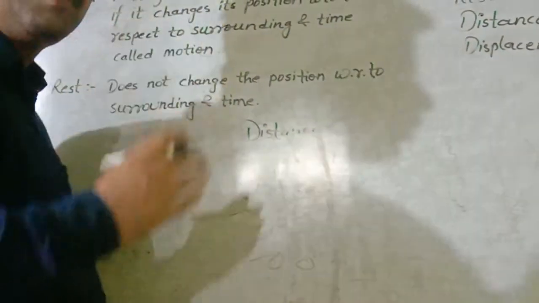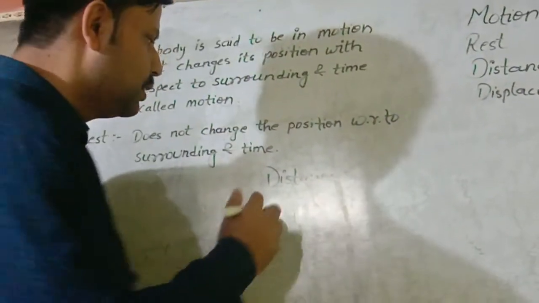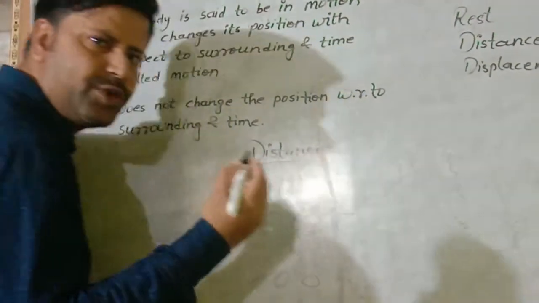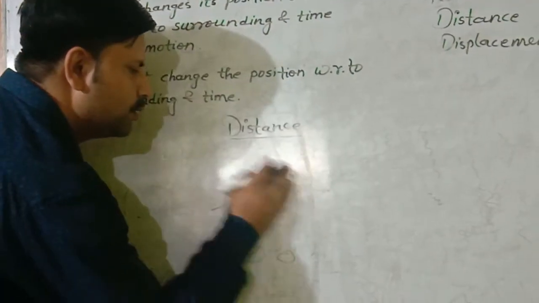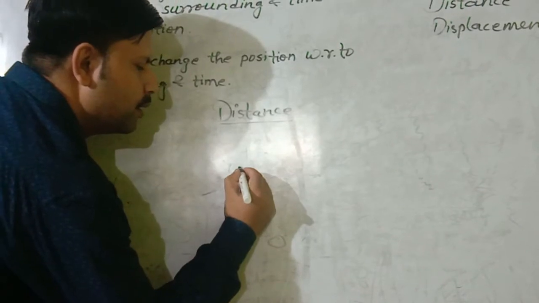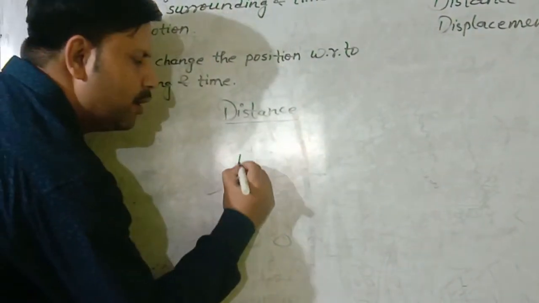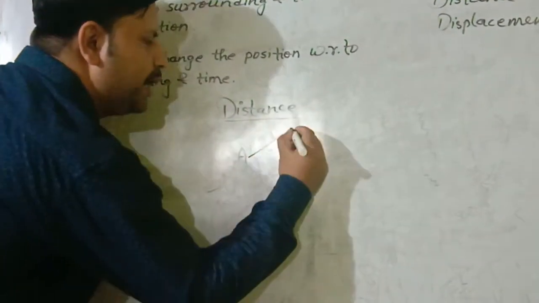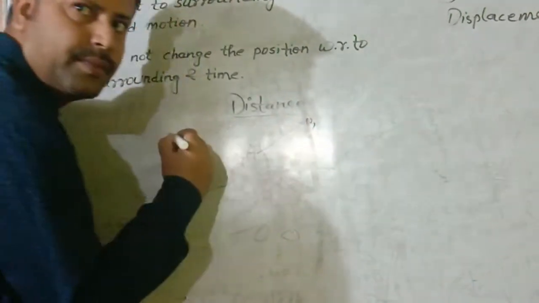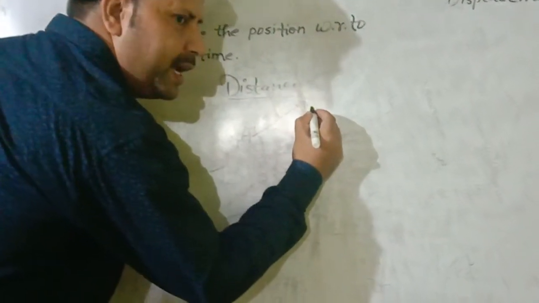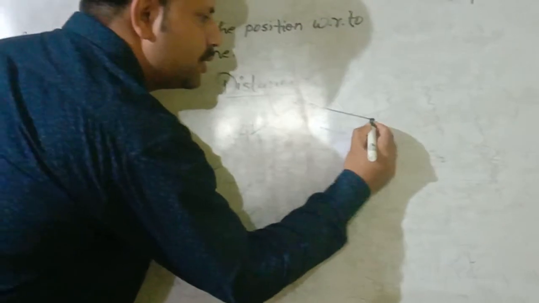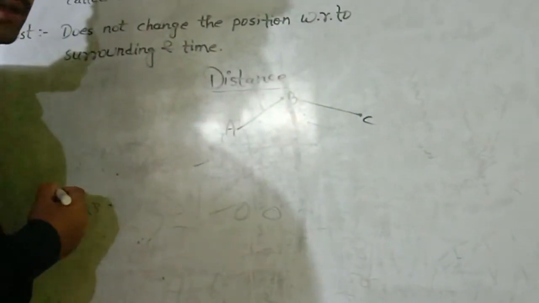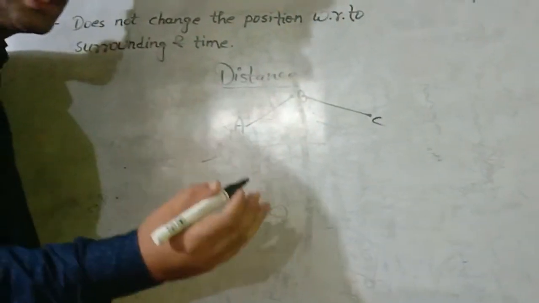I am giving one example for distance. Suppose you move from A to B, and after that B to C. Then what is distance?